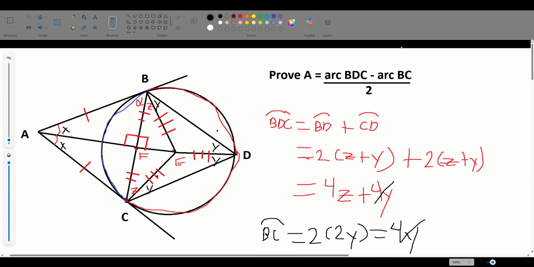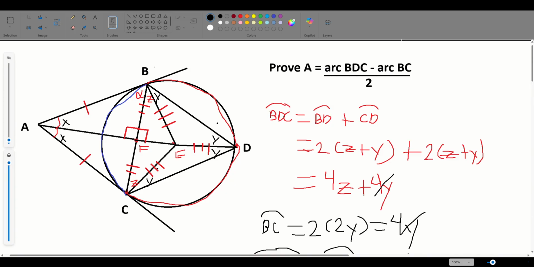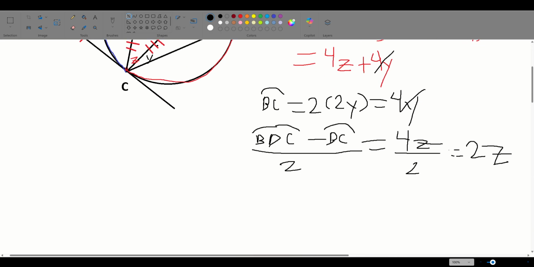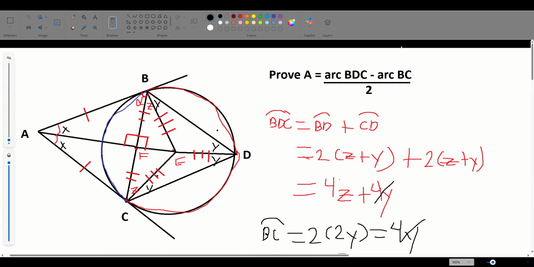Since segment AB is tangent to the circle, A plus Z forms a right angle. That is the definition of the tangent of a circle. So A plus Z is equal to 90 degrees.